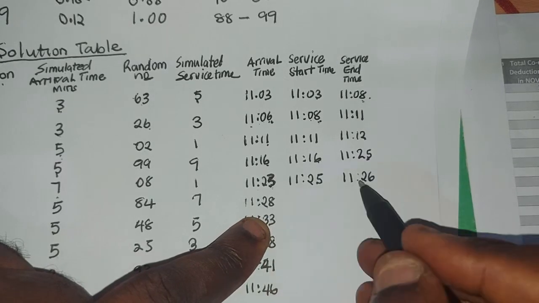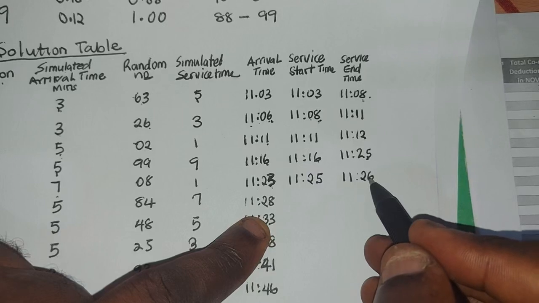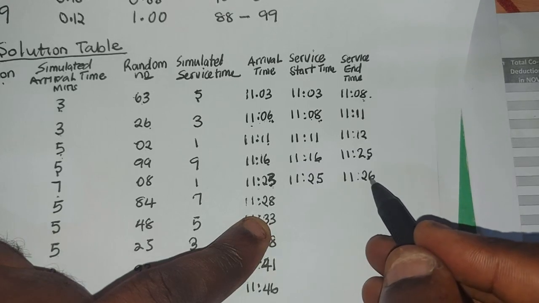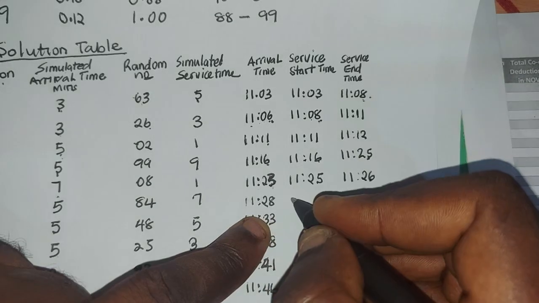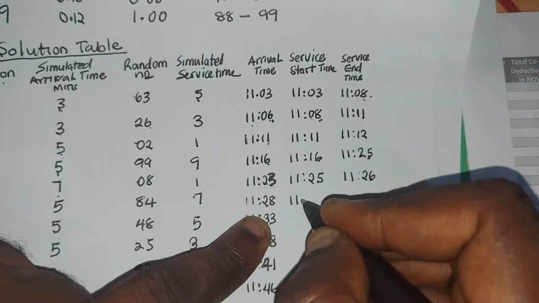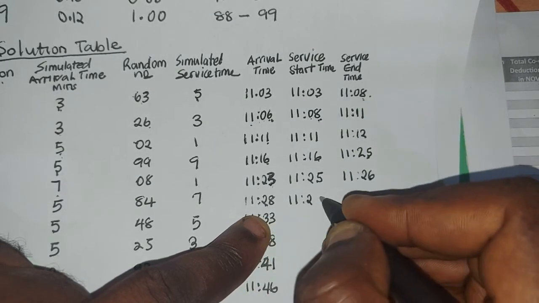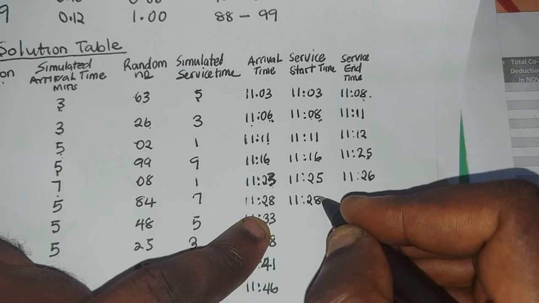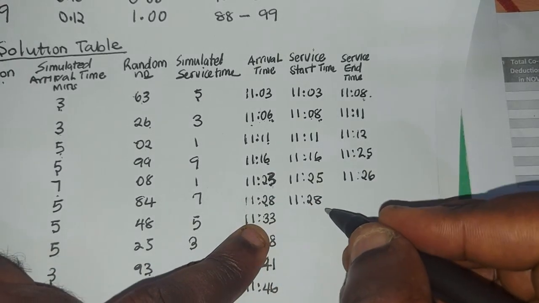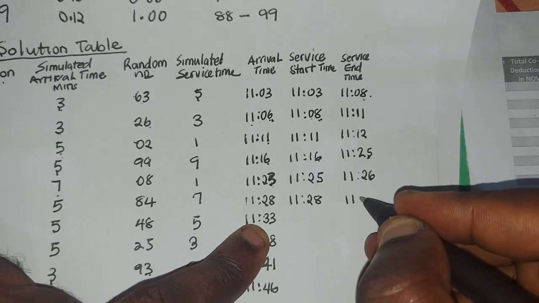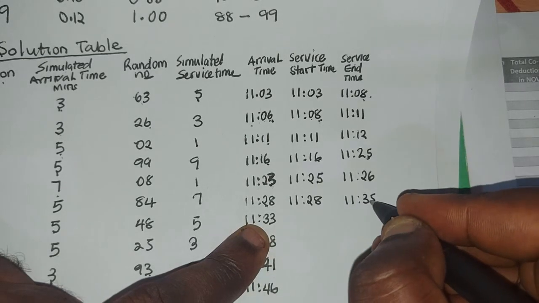Okay, so the next customer arrived 2 minutes after this. The current service ends at 11:26, but this man arrived 11:28. Therefore, he will start his own when he arrives 11:28, and he spends 7 minutes. So if he spends 7 minutes, he will have stopped 11:35.